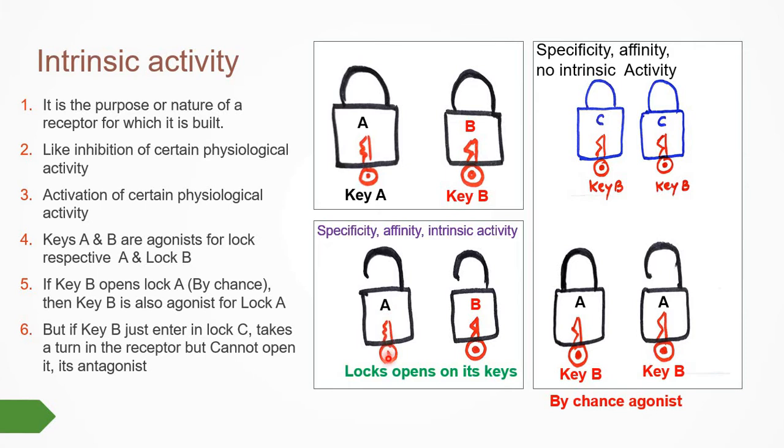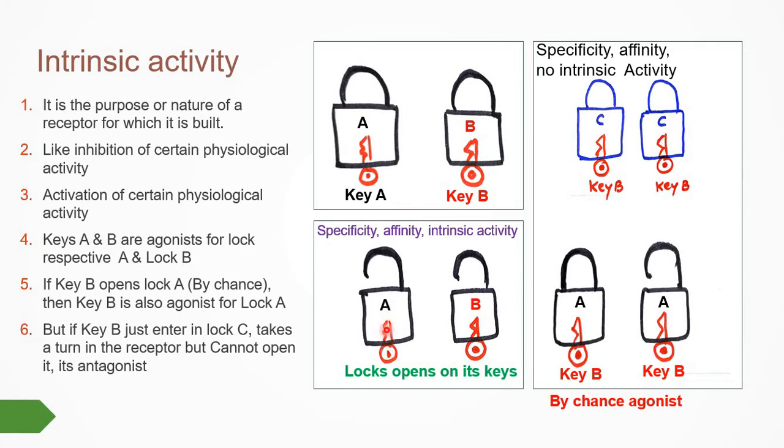You know the purpose of the key: the key is to open the lock. So key A will open lock A and key B will open lock B. Why? Because it is specific for its specific lock.